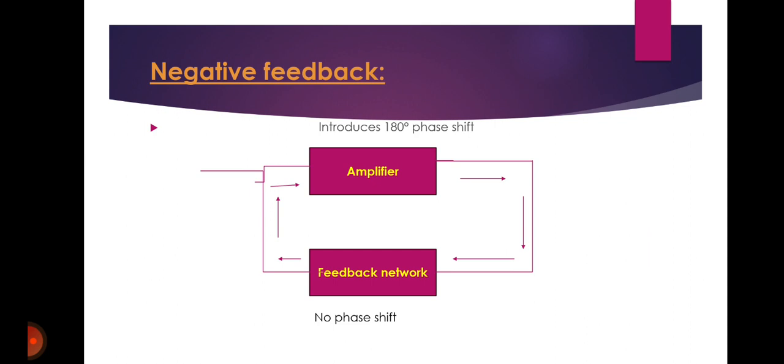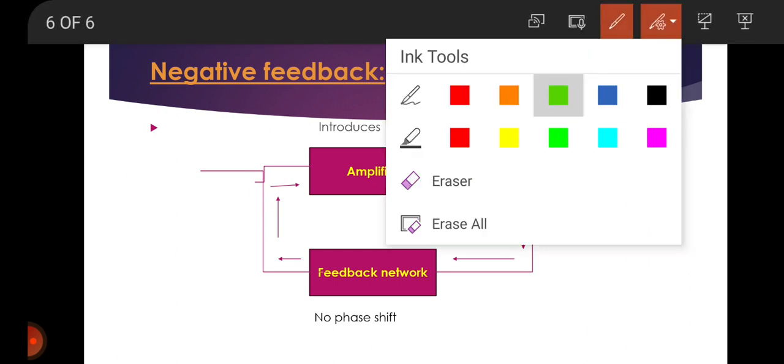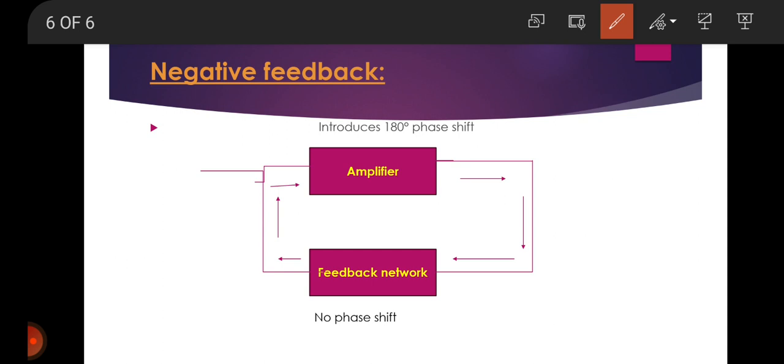So see the overview diagram of negative feedback. In negative feedback, the input signal is out of phase with the feedback energy or feedback signal. Therefore, if we apply a sine wave here, that is Vin, the input voltage applied to the amplifier circuit, then the amplifier introduces a 180 degree phase shift.